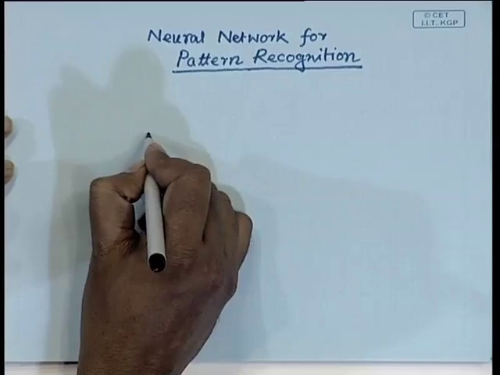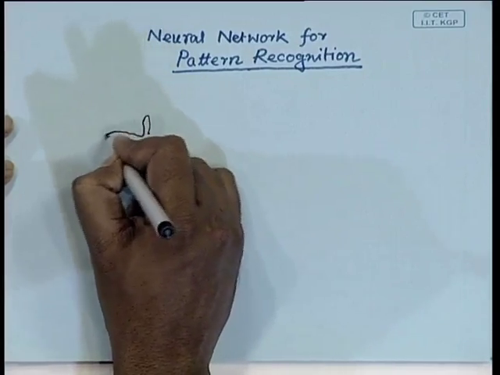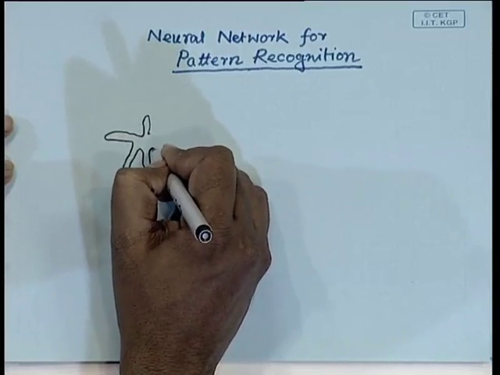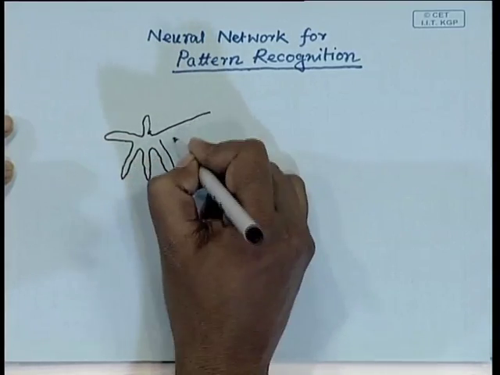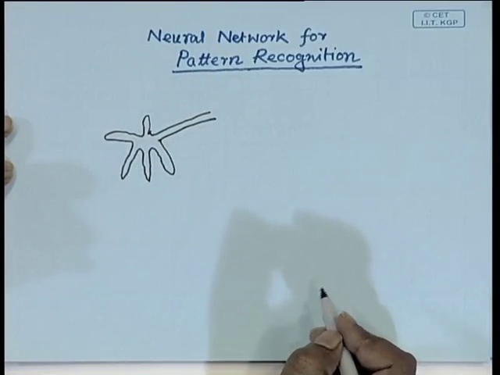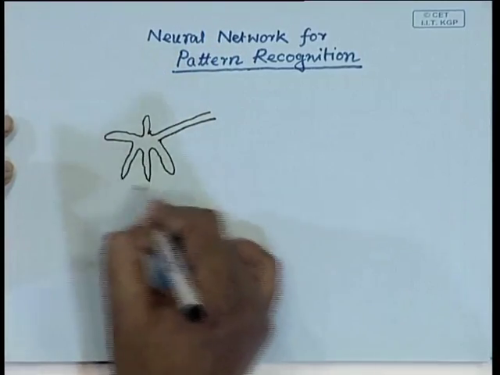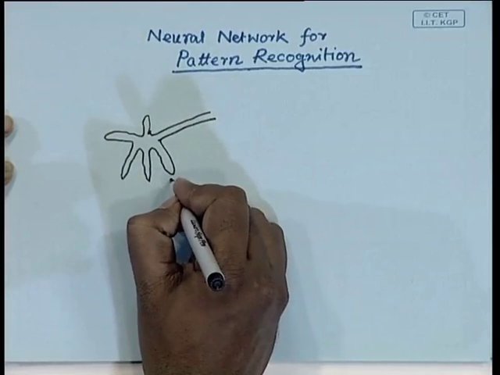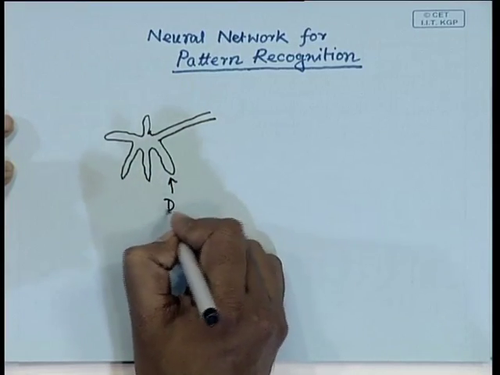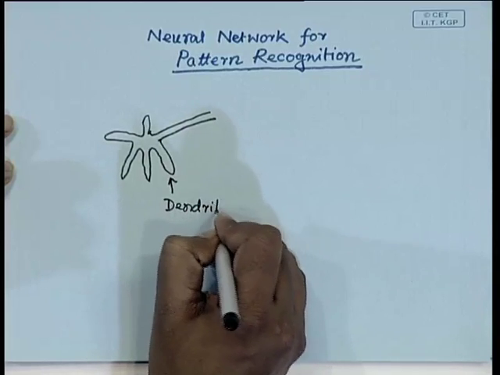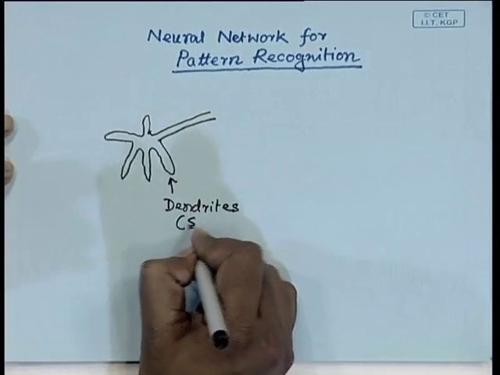When we talk about our human brain or human nervous system, this actually consists of numerous nerve cells. And a nerve cell is something like this. If you draw any particular nerve cell, it goes like this, where this whole thing is a cell body. These are what are called dendrites, or sensors.